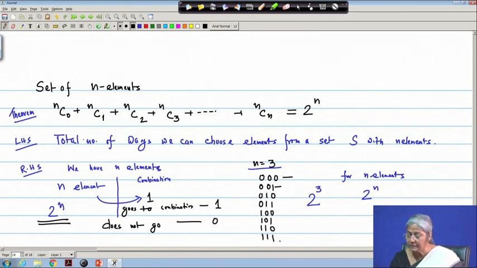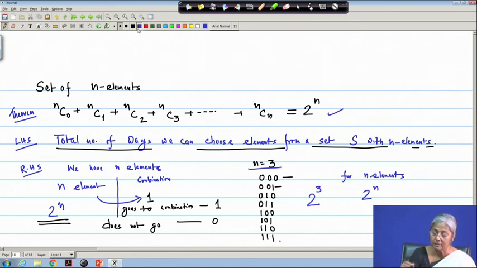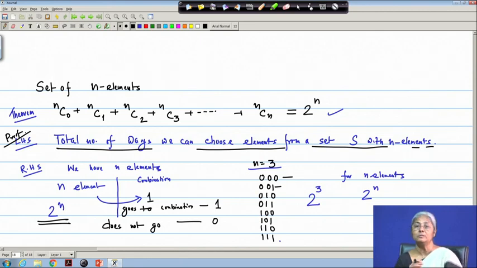And the LHS gives the total number of ways we can choose elements from a set with n elements. According to the definition, the LHS and RHS are the same. So, I can treat this as my proof. Sometimes we take this property as a theorem and then prove it. We use this relation for solving some combination problems.